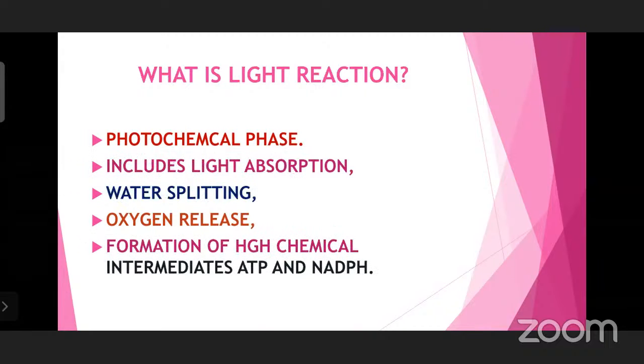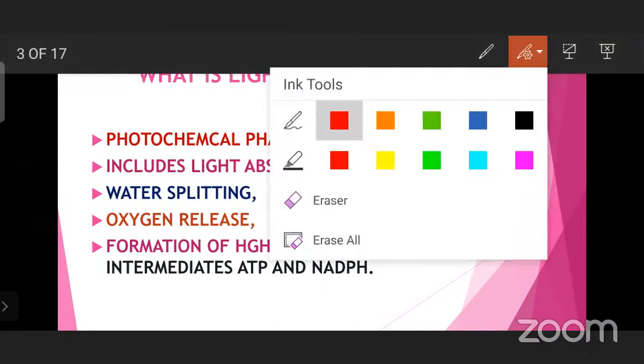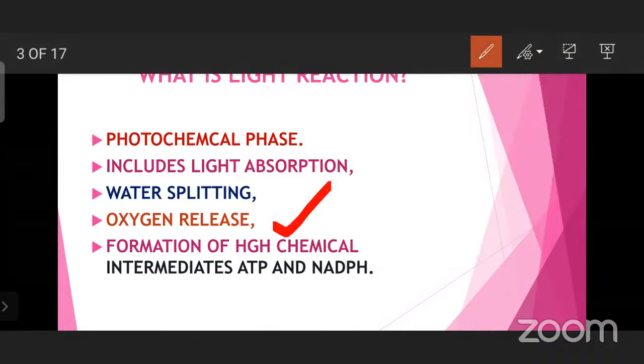And formation of high-energy chemical intermediates, that is ATP and NADPH, takes place in this light reaction. So remember, what are the products of light reaction? First of all, oxygen is released, and ATP and NADPH are the other two products which are formed by the end of light reaction.